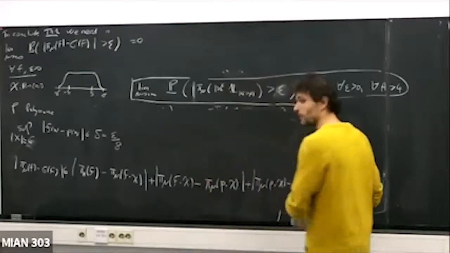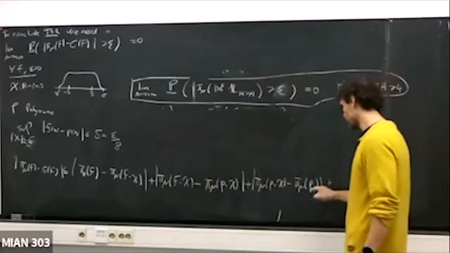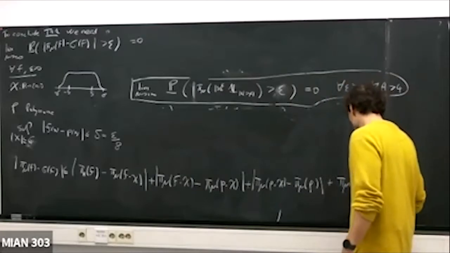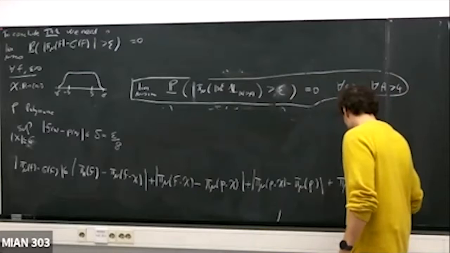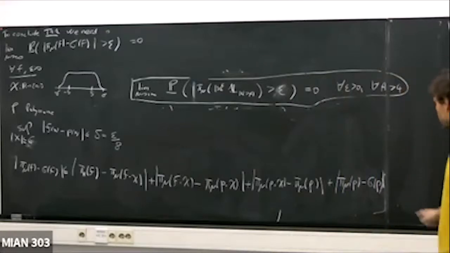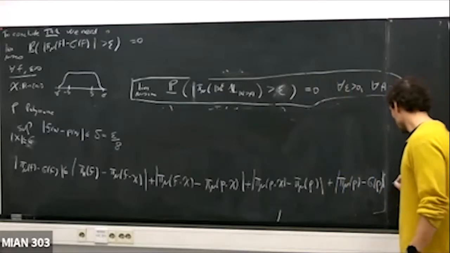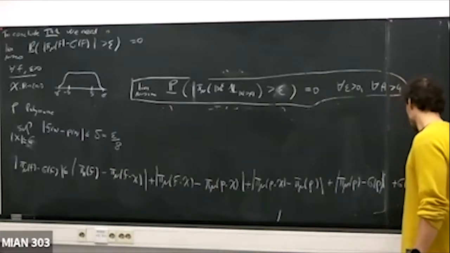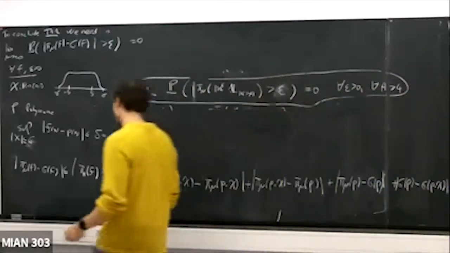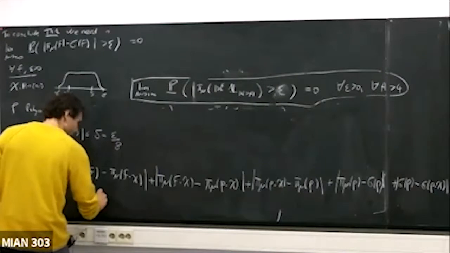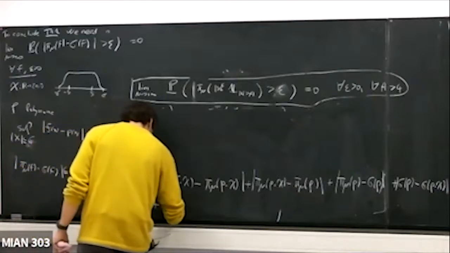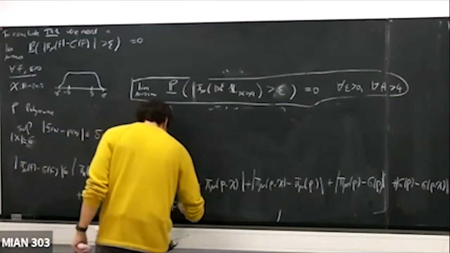Then here, on the polynomials, thanks to the lemma, we will be able to pass from pi n to sigma, so pi n of p minus sigma of p. And then I have to go back from p to f. So I put plus sigma of p minus sigma of p chi, plus sigma of p chi minus sigma of f chi, plus sigma of f chi minus sigma of f.